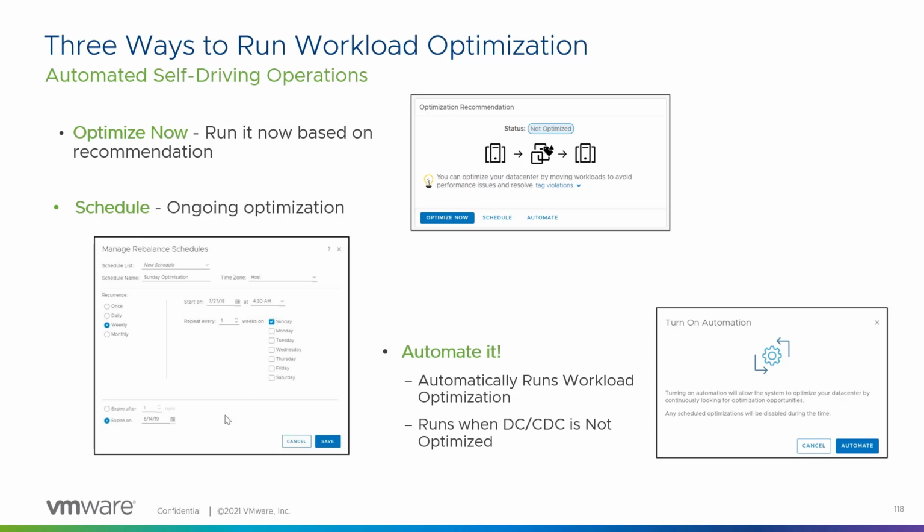Automating it basically means it will constantly look for optimization problems, and then when it finds one, it will automatically make those changes for you. So if there's suddenly a bunch of contention on one of the clusters and I need to move things around, it will automatically kick in and say, hey, I'm going to go ahead and start moving these workloads to ensure, again, they're optimized, and in this case, can get to the resources that they need.